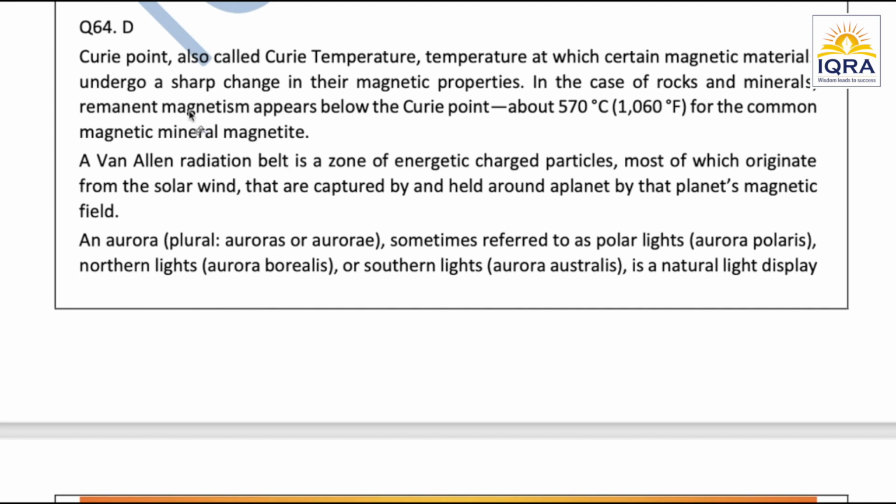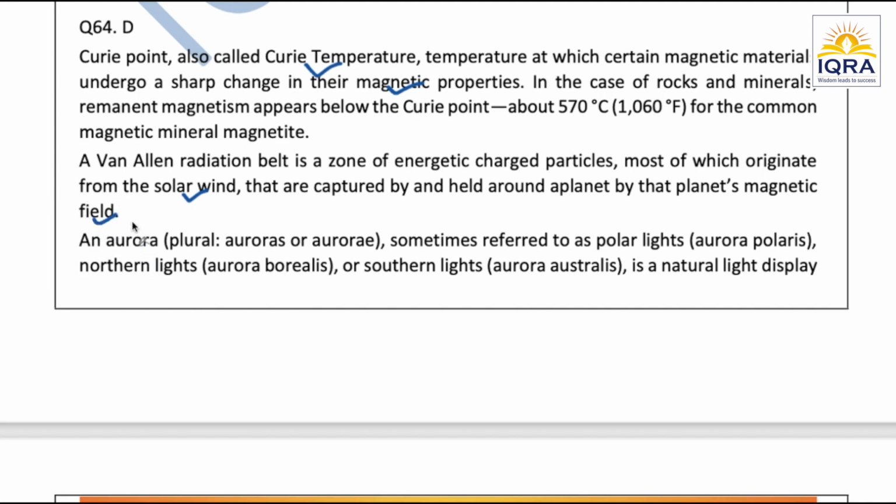So the Curie point, it is also known as Curie temperature, the temperature at which certain magnetic material undergo a sharp change in the magnetic properties, right? Van Allen radiation belt is a zone of energetic charged particles, most of which originate from the solar winds that are captured by and held around a planet by that planet's magnetic field, right?